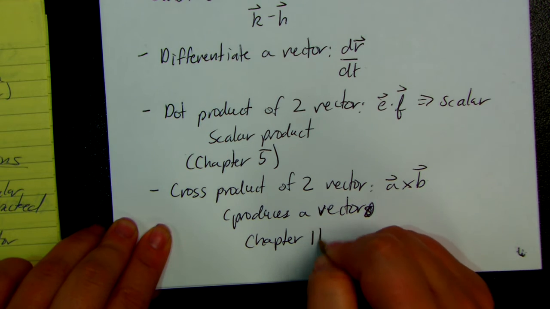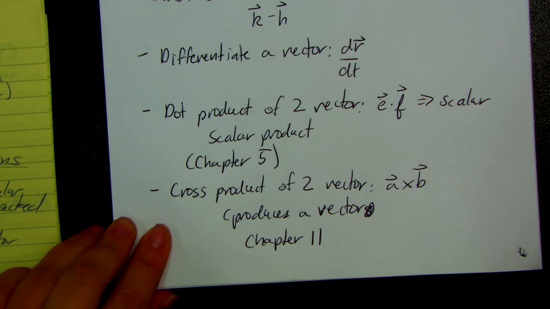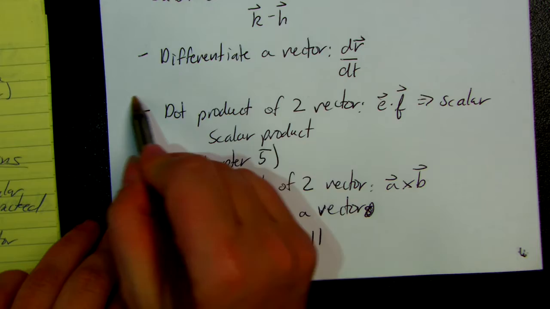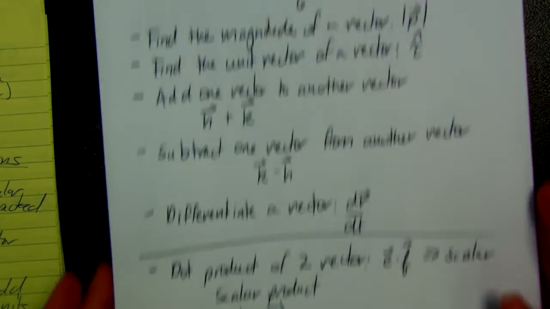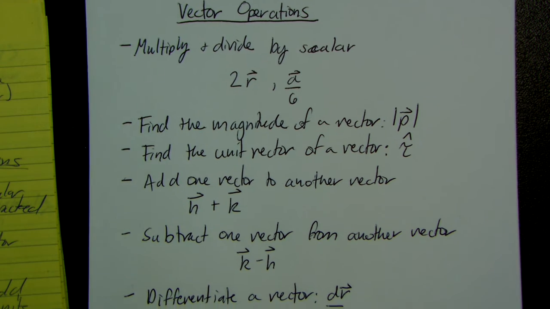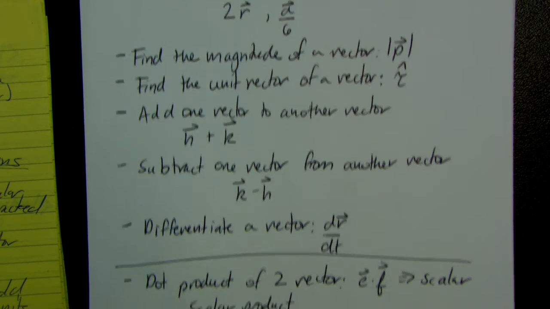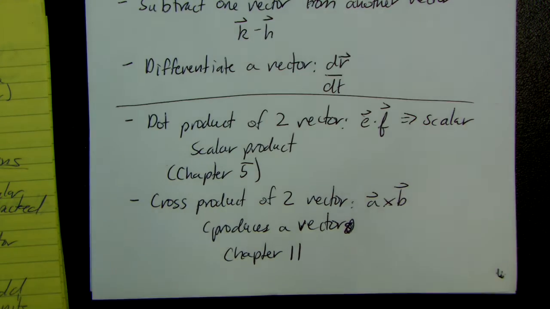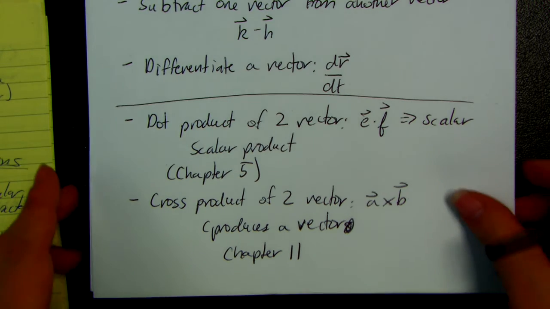We will learn this operation in Chapter 11. All of the other operations prior to the two types of multiplication, we will do in Chapter 1 and be practicing them along. These will come later in the class.